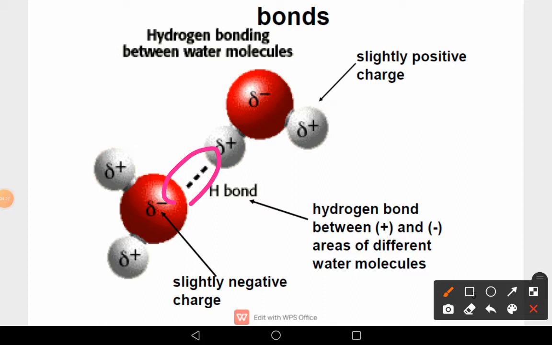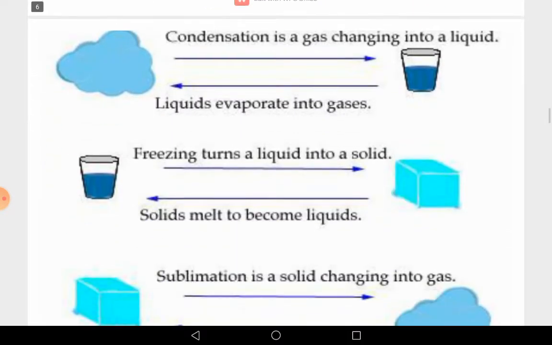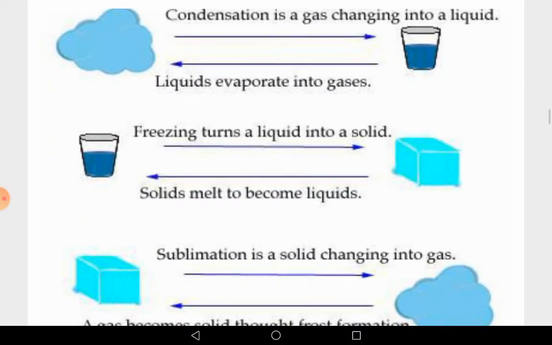The delta plus hydrogen is of molecule number 1, and the delta minus oxygen is of molecule number 2. The formation of the bond between the delta plus of one hydrogen and the delta minus of the nearby oxygen atom is called a hydrogen bond, between the plus and minus areas of two different molecules. The importance of hydrogen bonds we will see later. So this is a wonderful chemistry of water.